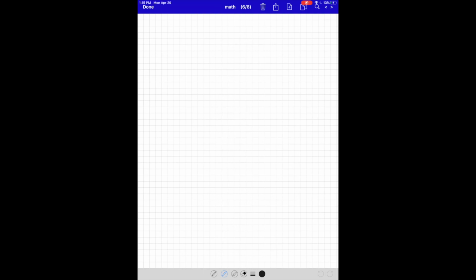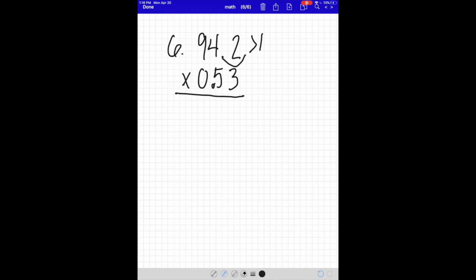Okay, and for our last one, number 6, we have 94.2 multiplied by 0.53. Count your spaces.